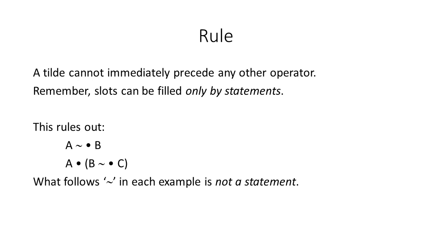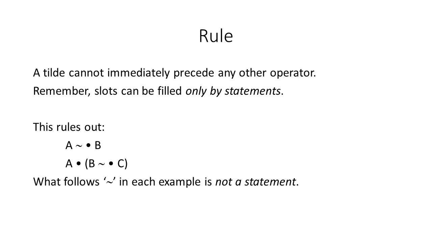Think about what the dot is. It's a two-place operator, and for it to be a complex statement, both of those slots have to be filled. So what we have in effect is A tilde, empty slot, dot B. Empty slot dot B is not a statement, so it can't go in the tilde slot.